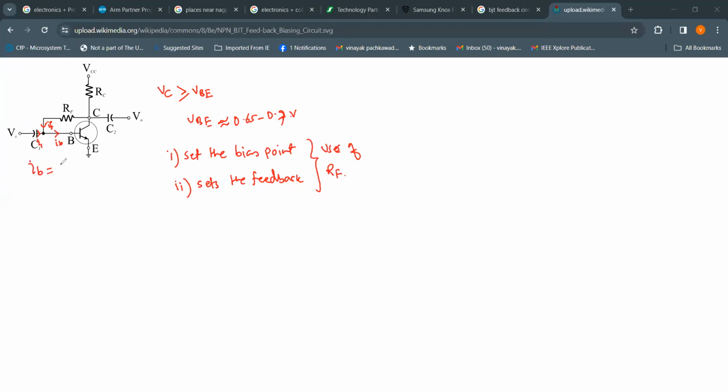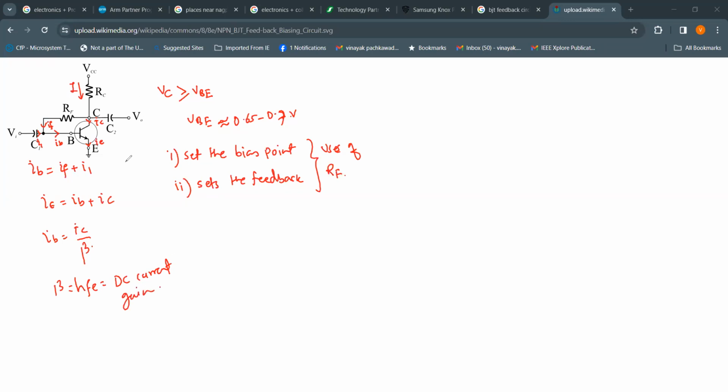And IB would be IF plus I1. This is the current I. That's the current IC. That's the current IE. And we know that IE will be IB plus IC, and IB will be IC divided by beta, where beta is equal to hFE, the DC current gain of the transistor.